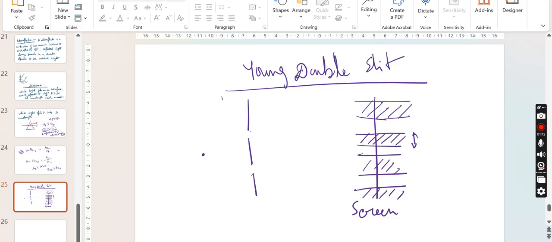Because otherwise, if light followed the corpuscular theory, we would not be seeing periodic bright and dark bands on the screen.